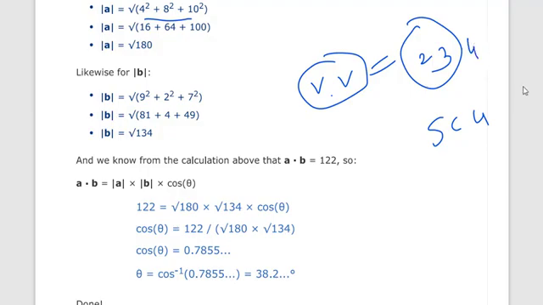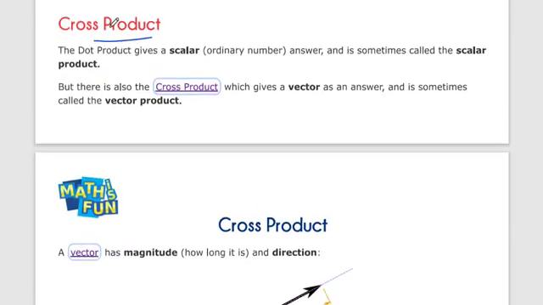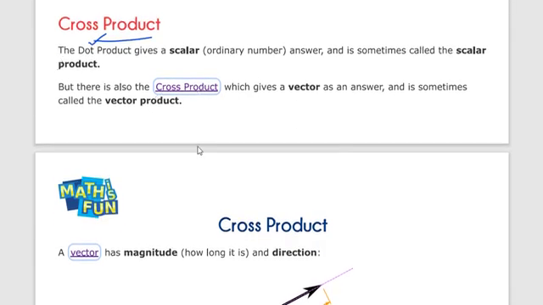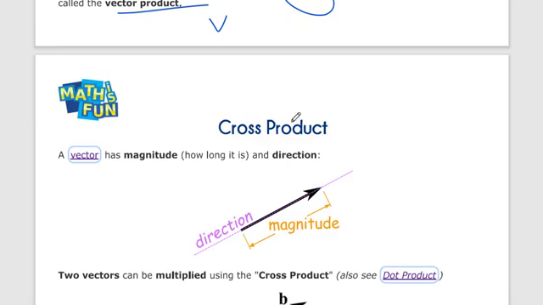But with the help of the cross product of two vectors, we get the value as a vector product. So you can see that the dot product gives a scalar quantity, an ordinary number, but the cross product gives a vector as an answer. After the cross product, we get a vector. We can also call it a vector product.